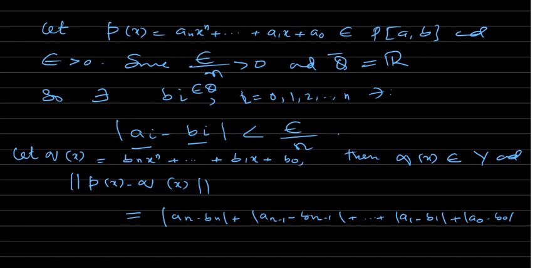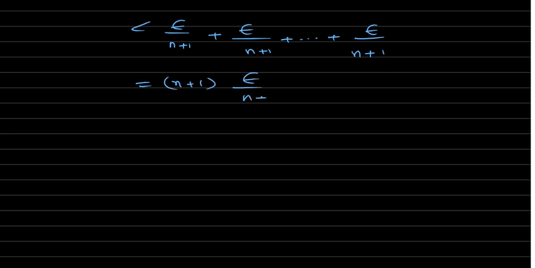Now each a_i minus b_i is small. In fact you should choose here n plus 1, so instead of n you should choose epsilon by n plus 1. So each is less than epsilon by n plus 1, and they are in total n plus 1 terms, so it is equal to n plus 1 times epsilon by n plus 1, which is equal to epsilon.